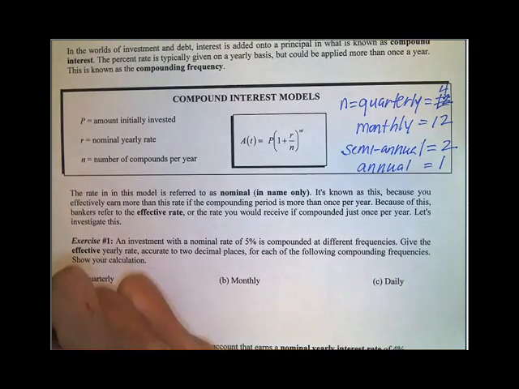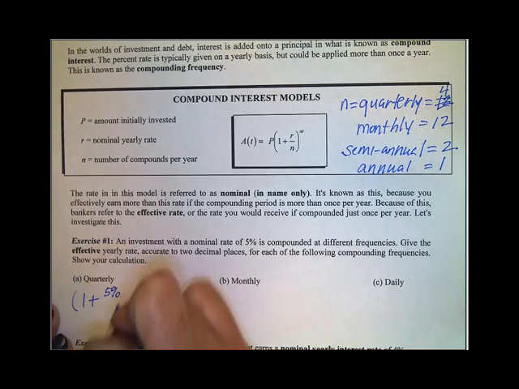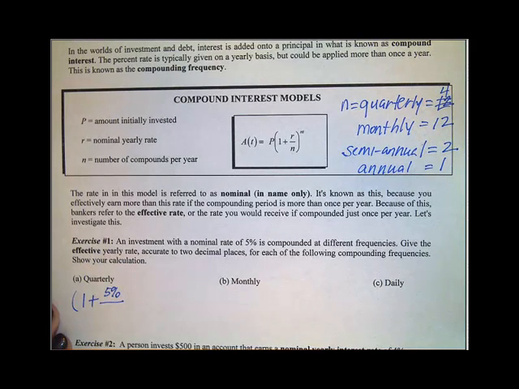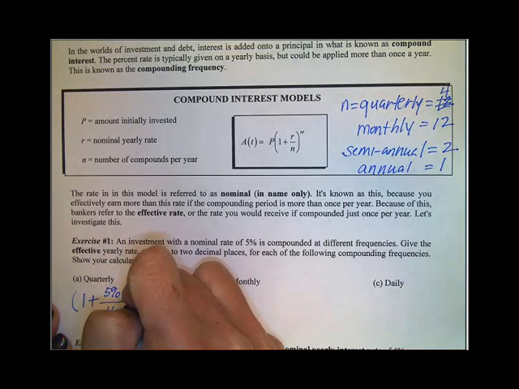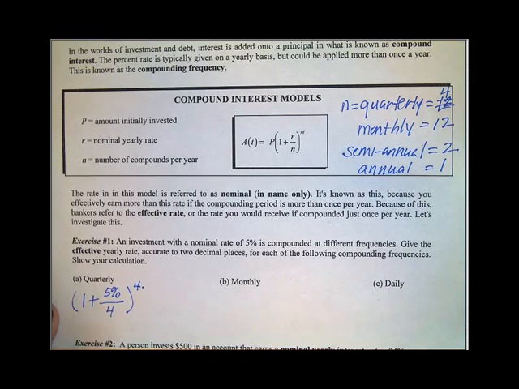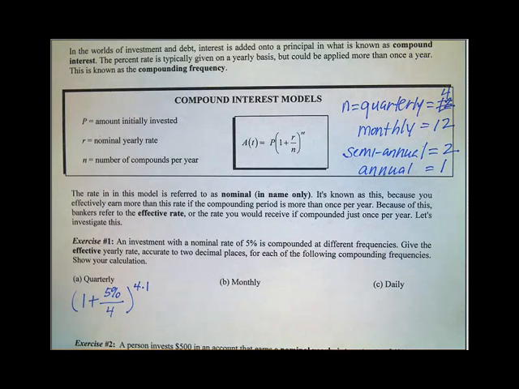So 1 plus, my rate is 5%, and you can either convert it or keep it with the percent symbol, over N, and quarterly means 4, raised to the N, which is 4, and T, which in this case, we're using 1 year. So go ahead, take out your calculator and plug that in.